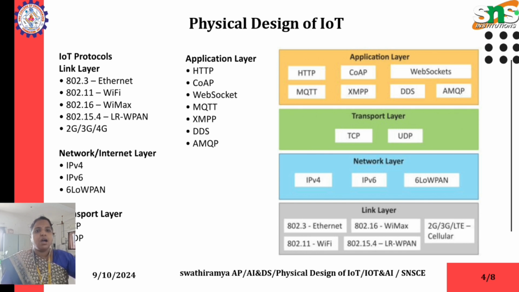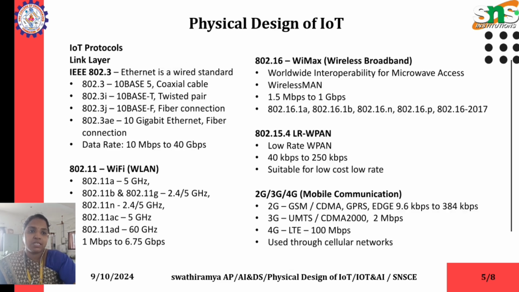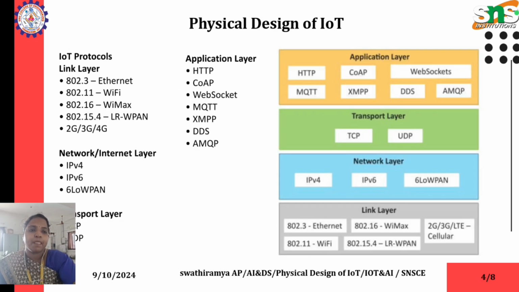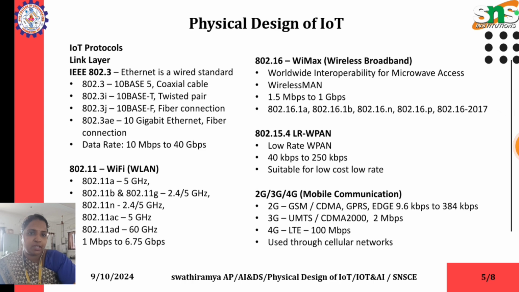Then comes the user side, that is the application layer. In the application layer we use different protocols like HTTP, CoAP, WebSocket, MQTT, XMPP, DDS and AMQP. I will discuss these in the next video so that I can elaborate clearly.